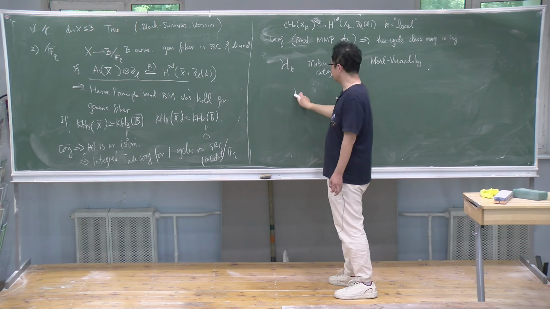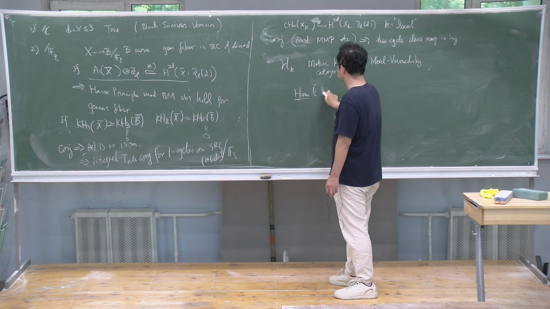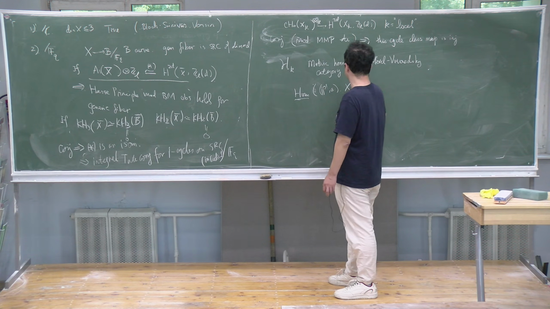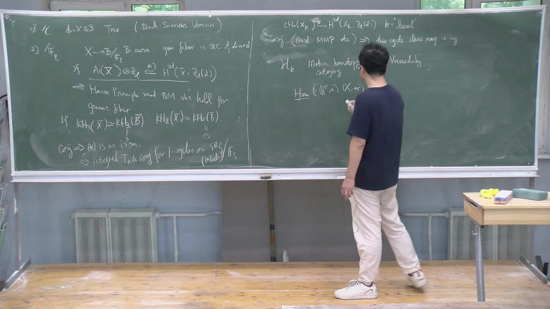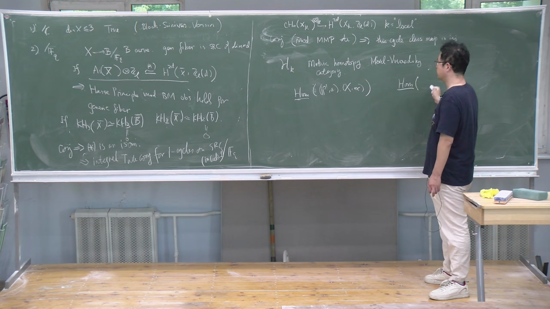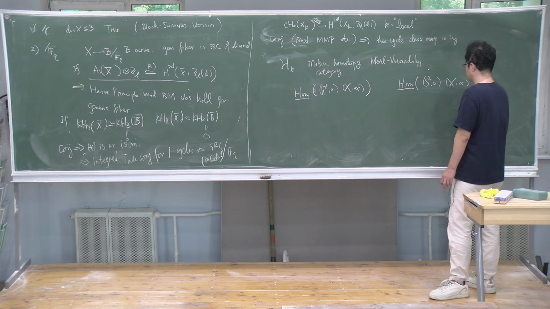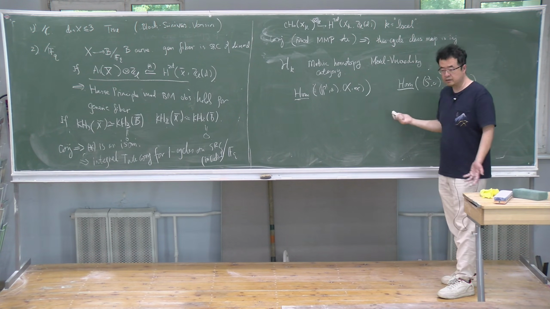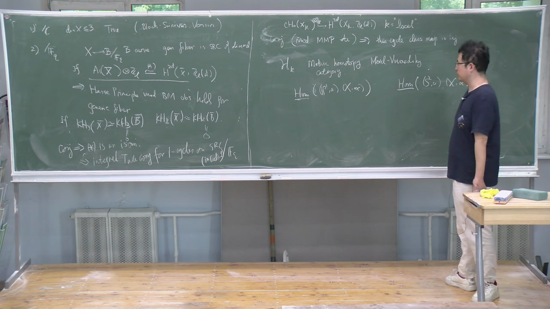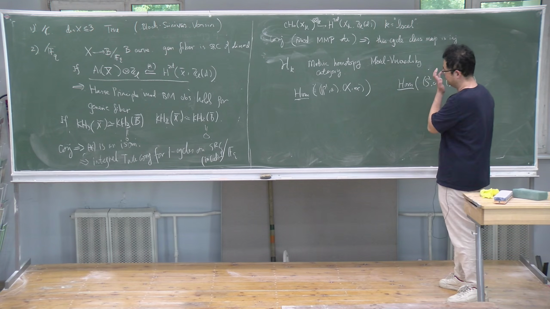Again, here you have this internal Hom from P1 with a point and X with a point. And you also have this internal Hom of S2 with a point. So then you can ask, inside of this category, do you have something you can say?